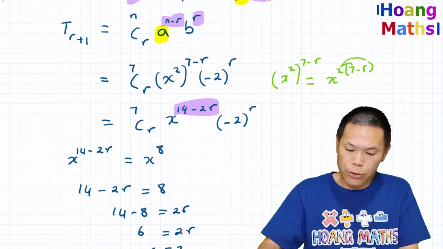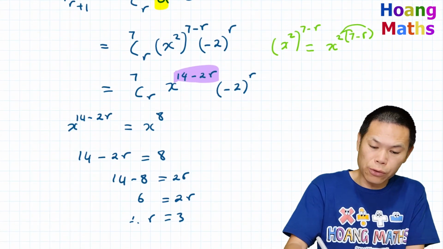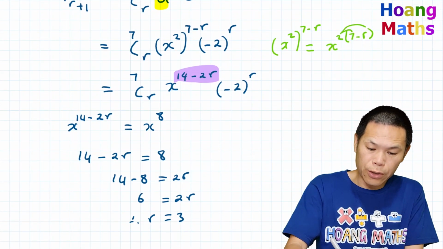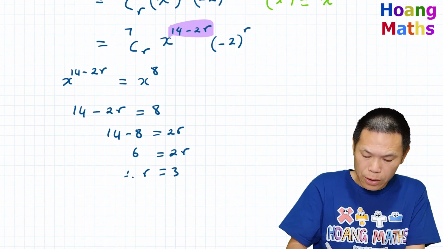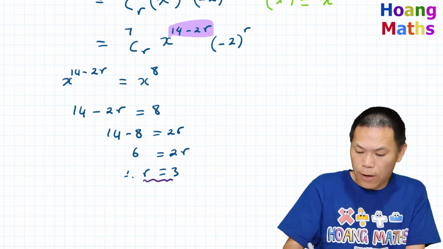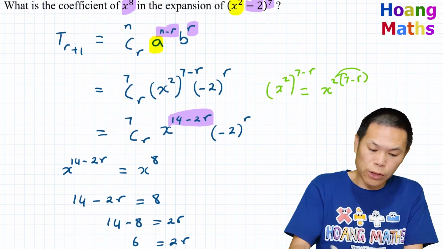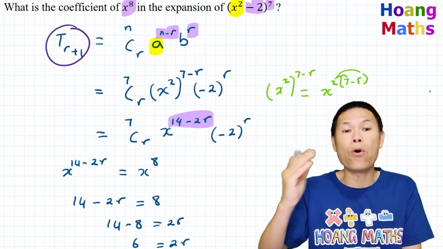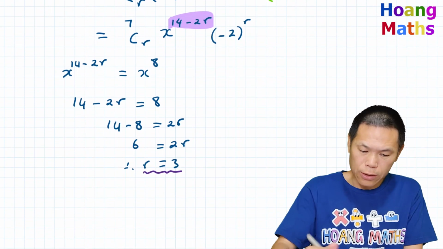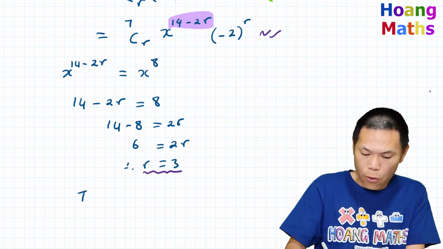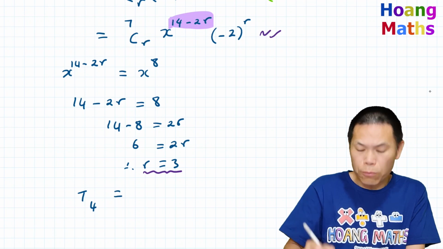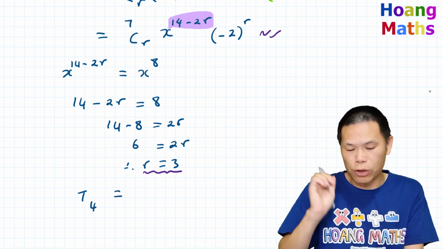So now what we need to do is we just substitute r equals 3 into the general term. So let me just write this down. So T(r+1), r is 3. So this must be term 4. Keep that in mind. So we're going to use this rule to substitute. So term 4 is equal to, because r plus 1, r is 3, 3 plus 1 is 4.